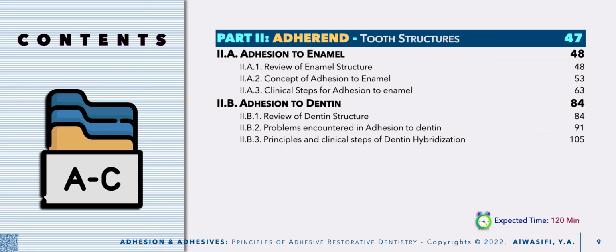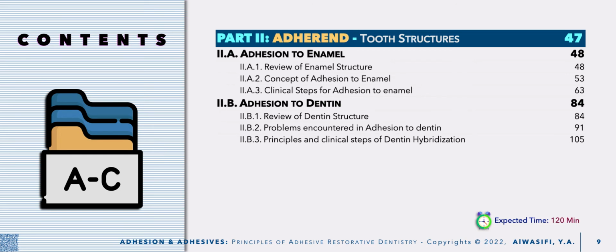Already we had discussed all the items related to enamel structure, including review of its structure and the concept of adhesion to enamel, which was identified by acid etching, introduced by Michael Buonocore, which creates selective dissolution of enamel rods more than interrod substance, creating micropores that will be occupied by resin adhesive, creating microtags that will solidify and create micromechanical retention with enamel.